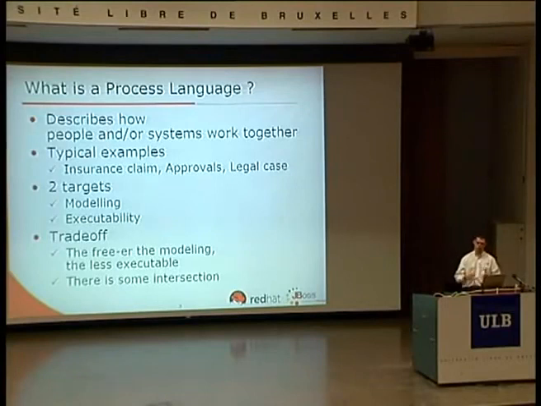But very important, and that's where we differ a little bit from the vision of competing products, we see that there are two different targets for BPM and workflow. On the one hand, we want to model things. We want to describe and analyze the problem domain. For instance, recently I was at a laboratory where they modeled how these samples were processed.